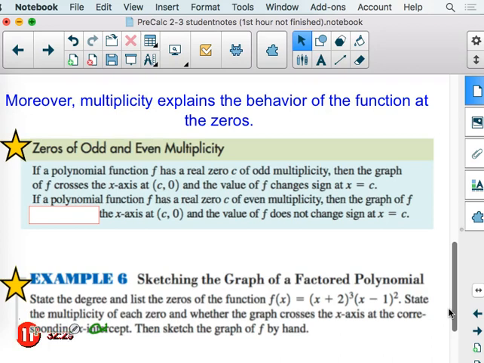And then if a polynomial function has a real 0 c of even multiplicity, well, that's a bouncer. Most books call that a tangent. This book, I think, is worried that you're going to confuse that with SOHCAHTOA, so they just say, does not cross the x-axis. But that's our tangent right there. So odd powers, crosses. Even powers, bounces.